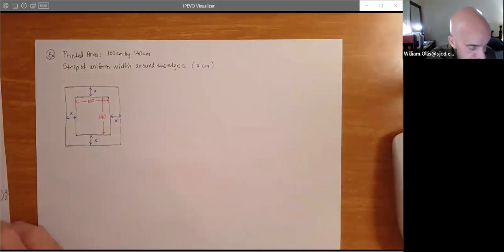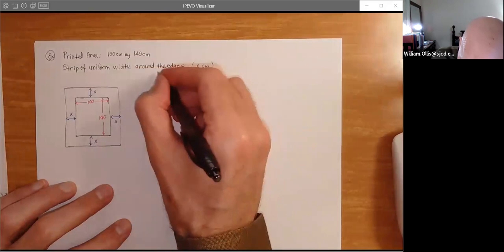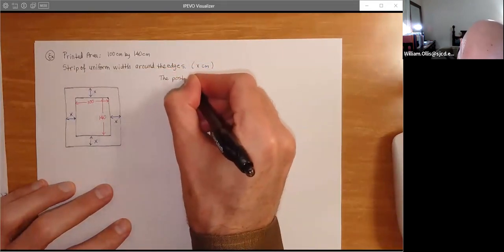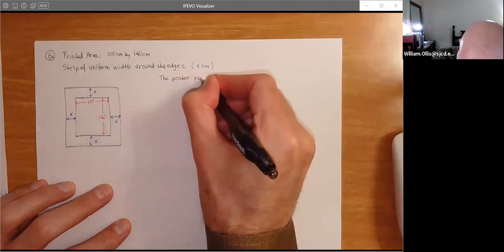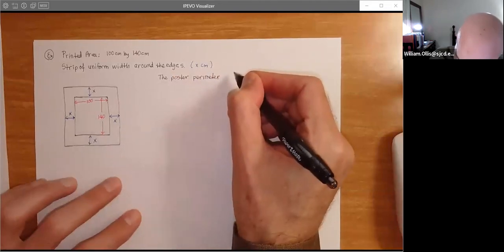Then one more description says this. It says the poster perimeter, and then we'll add a few more ideas here. I think this is busier more so with the words than it is with the algebra.